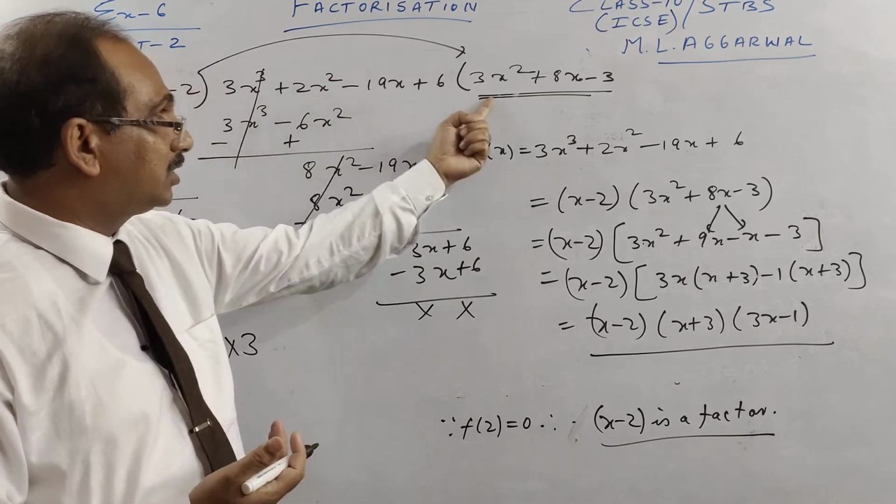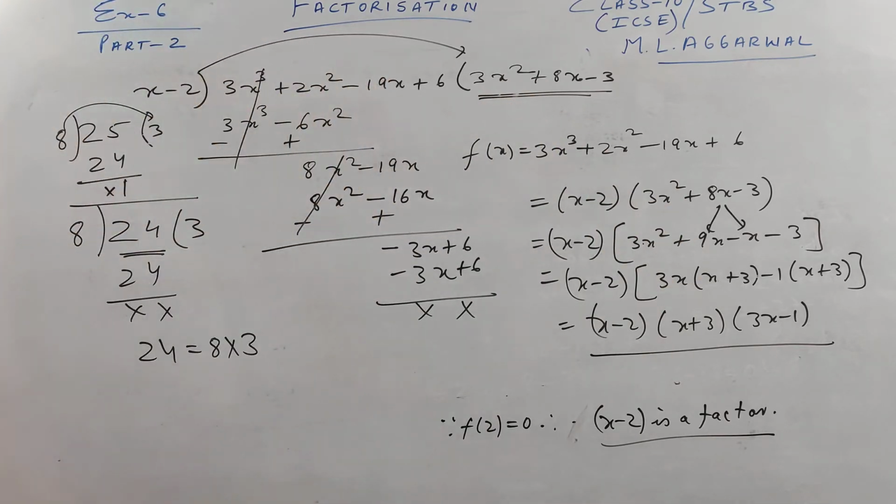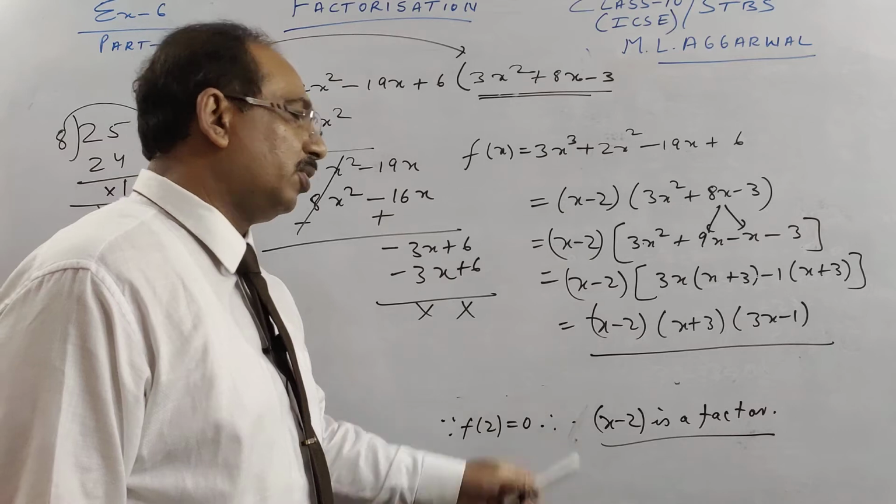So we multiply this with quotient, and actually we factorize the quotient to give the last 3 factors. So you should write all x minus 2, x plus 3 and 3x minus 1 to get the full mark.